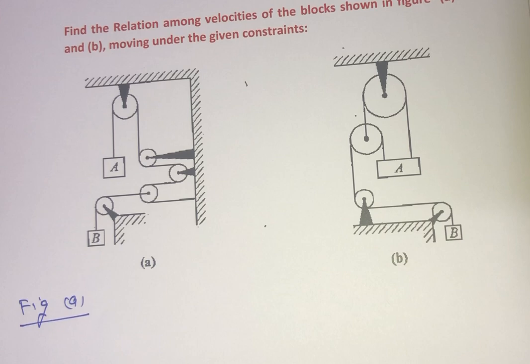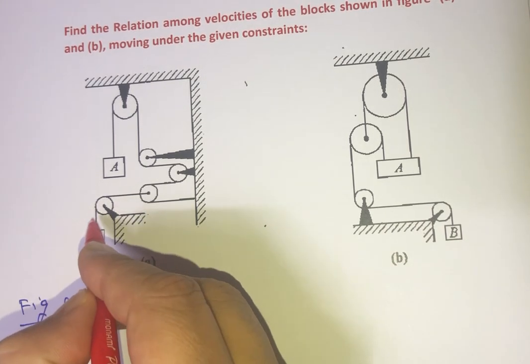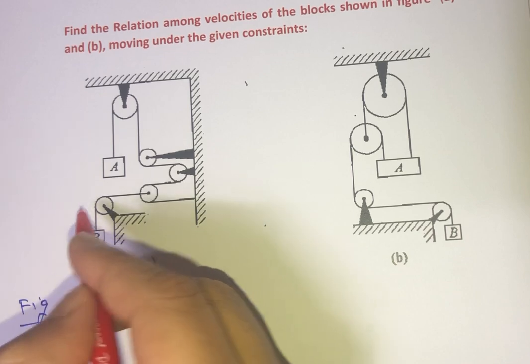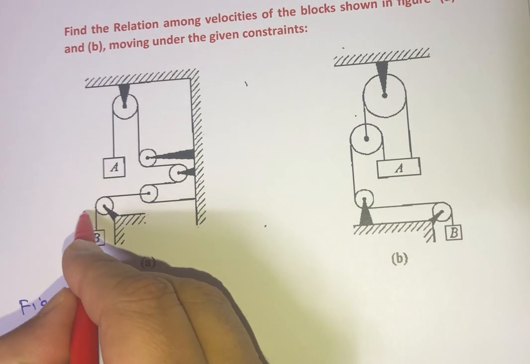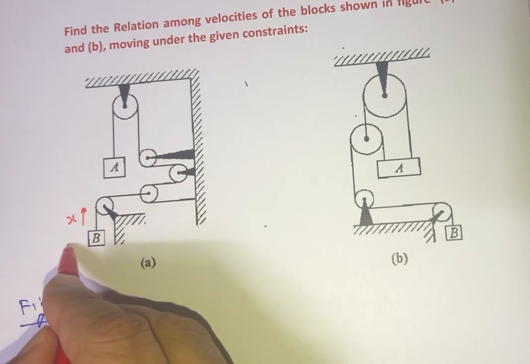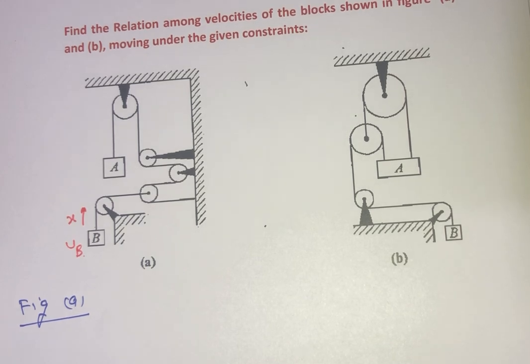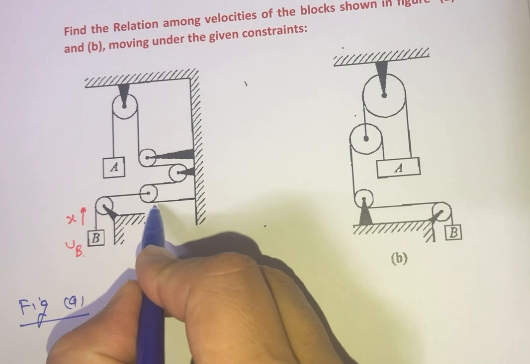Figure A, let us assume that the mass B moves up by distance x with the velocity Vb, and let us name this pulley as x.